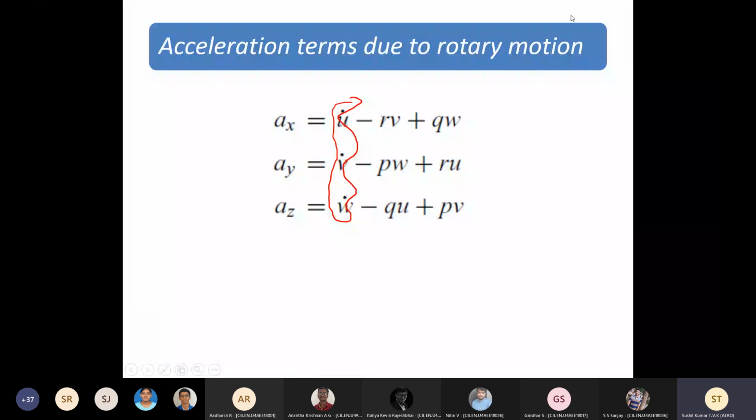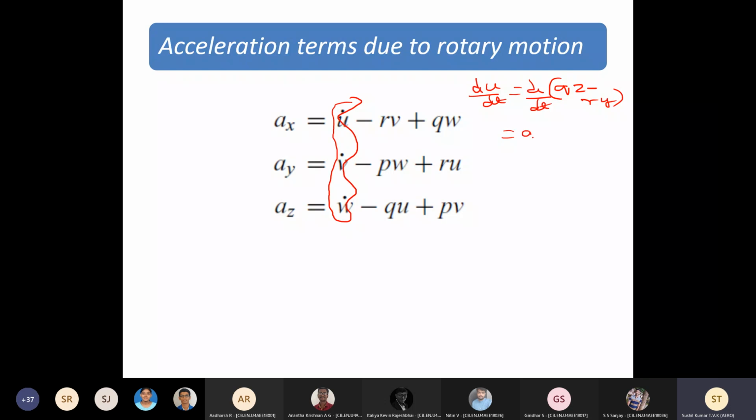And then you have the rotational components. So how we are going to do the rotational components is, if you look at u, you are doing du by dt, which is nothing but d by dt of qz minus ry. So now all you have to do is differentiate this.